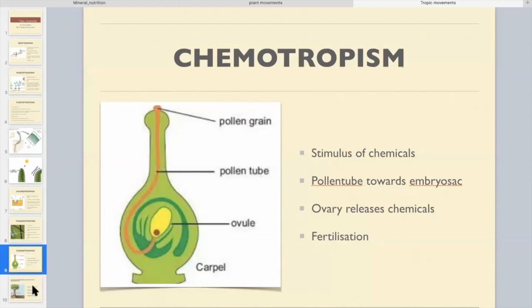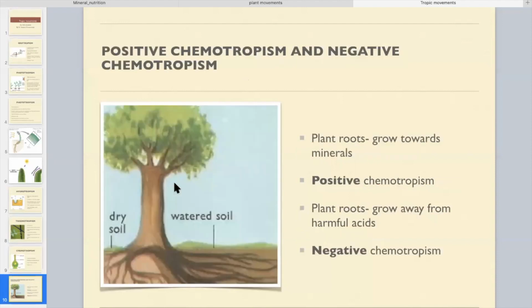Chemotropism is also seen in the roots of trees. It is observed that these roots always grow towards the good soil. If there is any toxic material in the soil, roots do not grow towards that toxic chemical substance. They always tend to move away from the toxic substances.